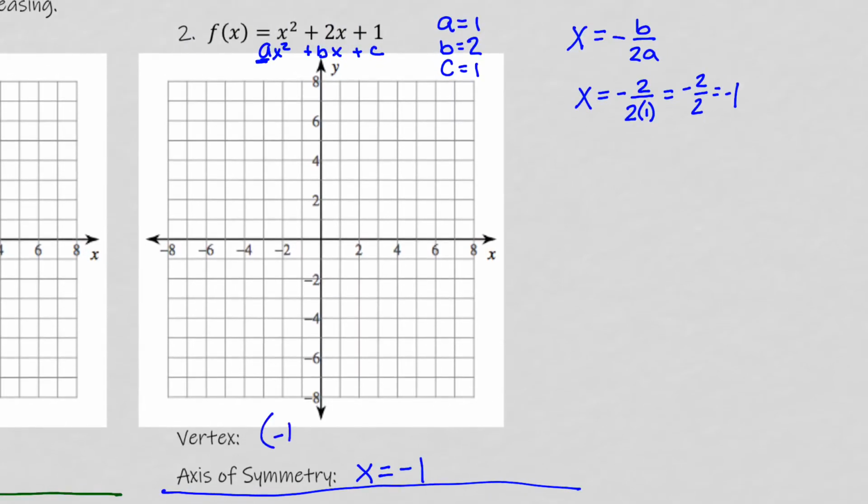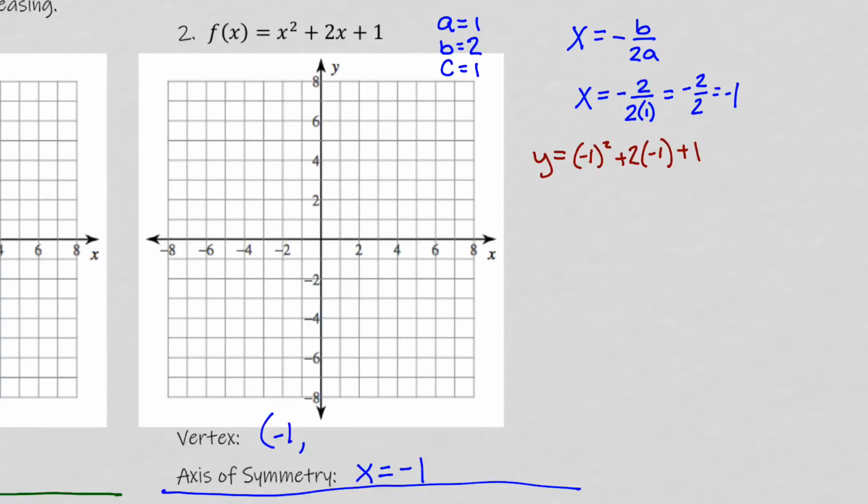So in my vertex, I know the x value is negative 1. To find the y value, everywhere I have an x here, I'm going to plug in negative 1. If I rewrite that, because it's kind of messy up there, I'm going to have f of x, which is the same thing as saying y, equals negative 1 squared plus 2 times negative 1 plus 1. Again, I just plugged in negative 1 for those x's.